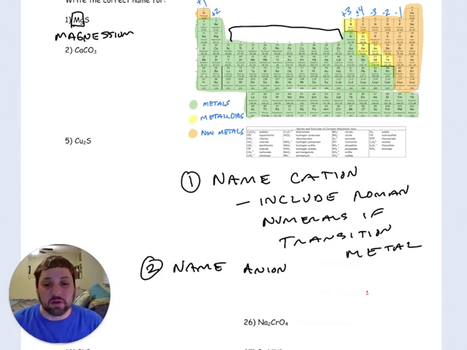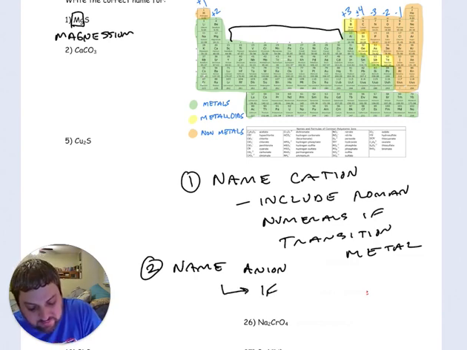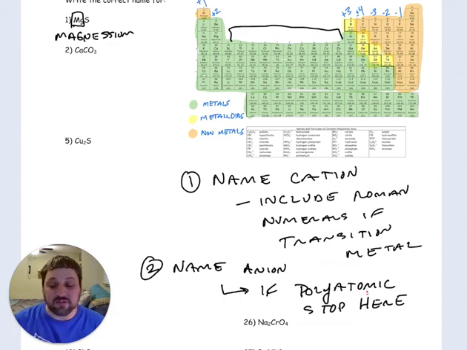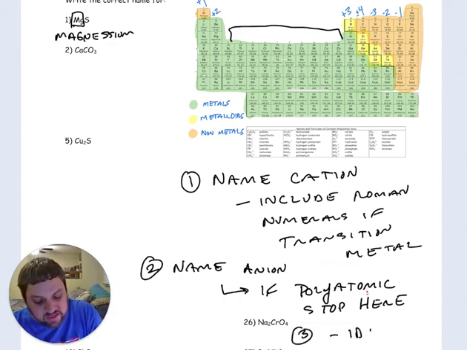So we are going to name the anion, and I'm going to say right away, if that anion is polyatomic, we can stop here. Okay? If it's not, we need to then change the ending to IDE.